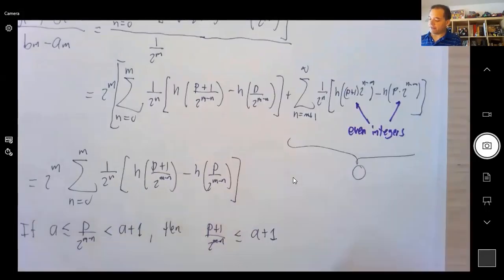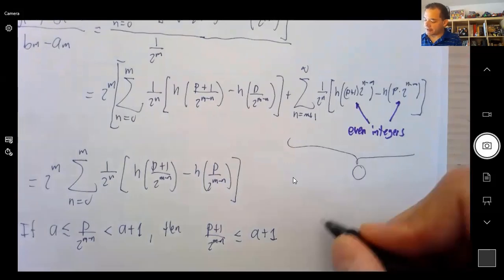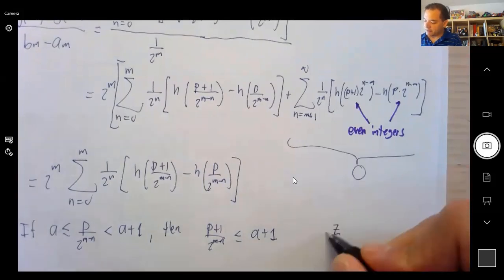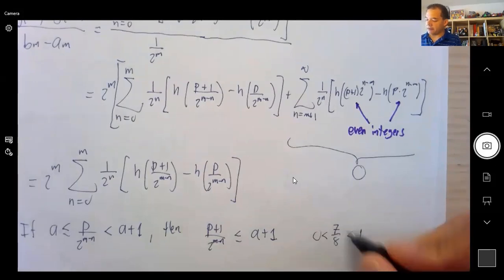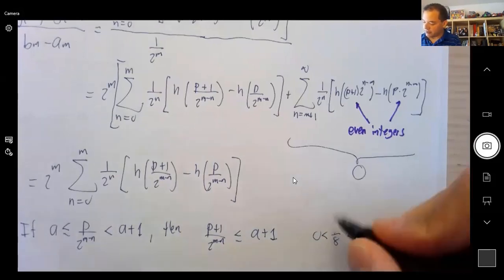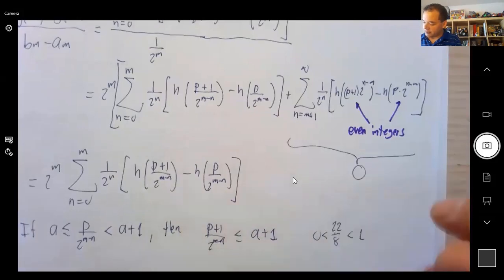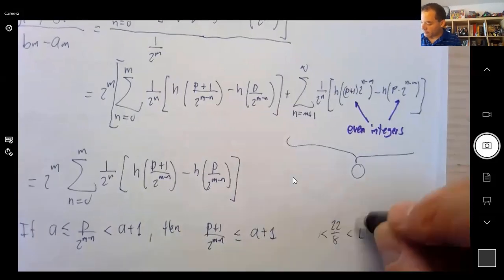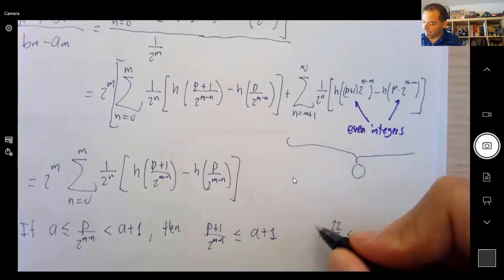Like, for example, if you have something like 7/8, 7/8 is between 0 and 1. If you add 1/8, you're still less than or equal to 1, right? And I can change it to other numbers. So, for example, 22/8. 22/8 is between 2 and 3.